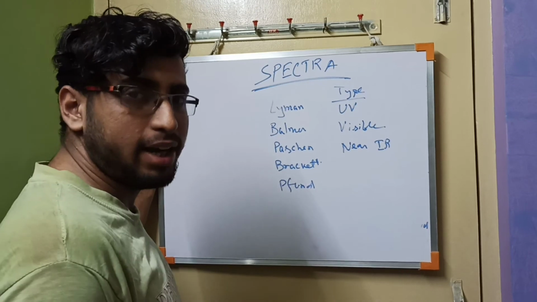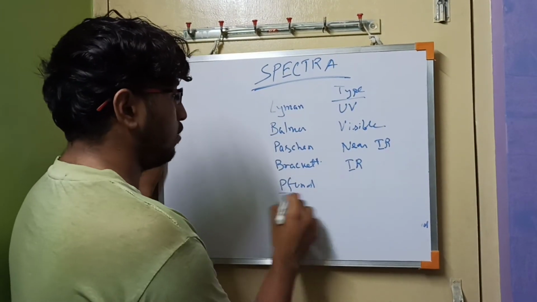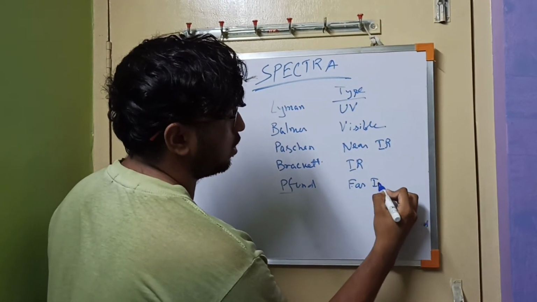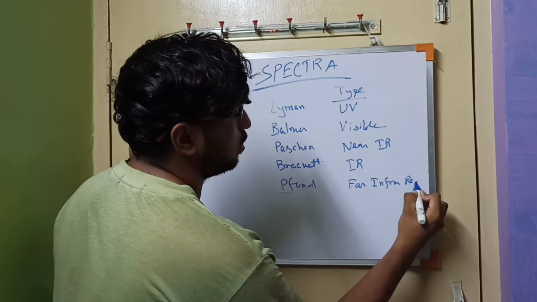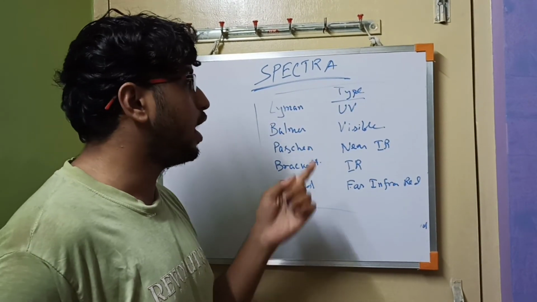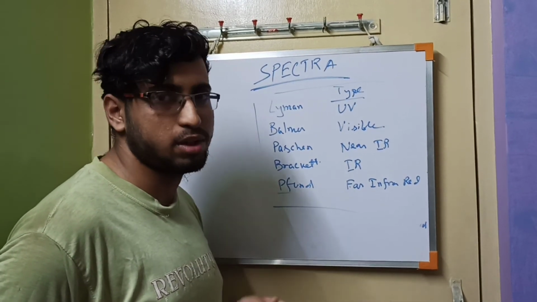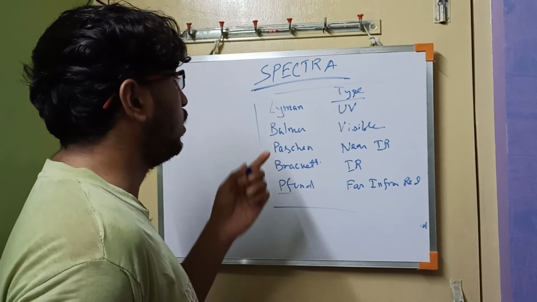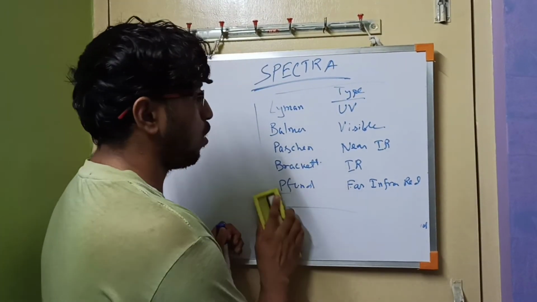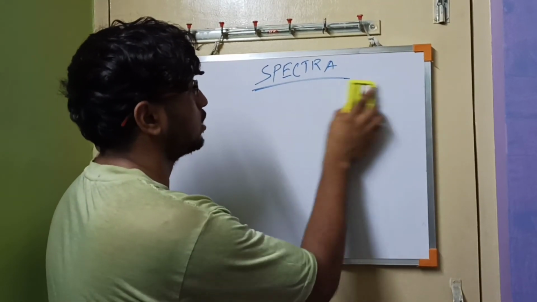The next is Brackett, which is infrared. And the final, Pfund, is far infrared. So this is the list of spectral lines, as we can expect from the Lyman, Balmer and other series. This is basically the atomic spectra or spectral lines for atomic hydrogen that were discovered previously.